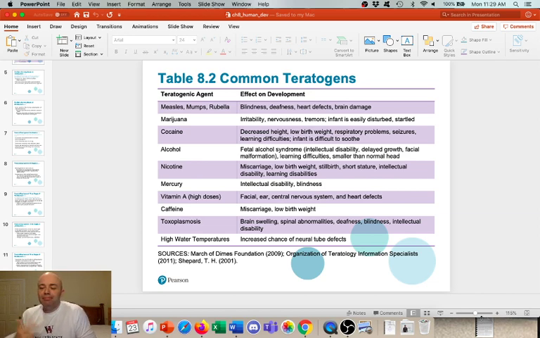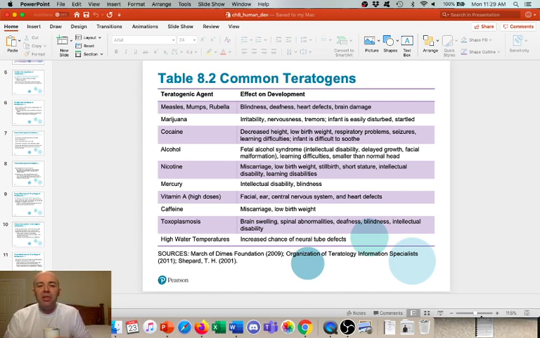Alcohol, nicotine, any psychoactive drug, anything you put in your body that can cause adverse effects to the prenatal development, we call a teratogen. I don't need you guys to memorize all these teratogens. I would just be aware of them and know that teratogens cause adverse effects on human development. So definitely be aware of those as you study.